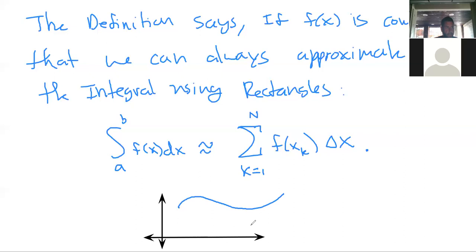If I have this curve and suppose I'm interested in what's happening from, say, A to B, well, if I use 4 rectangles, here's what we're saying.